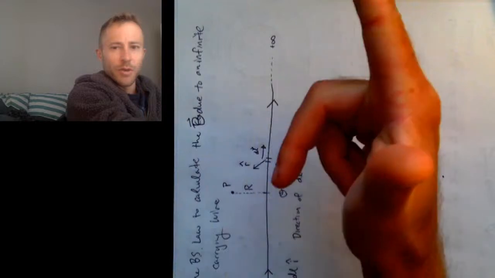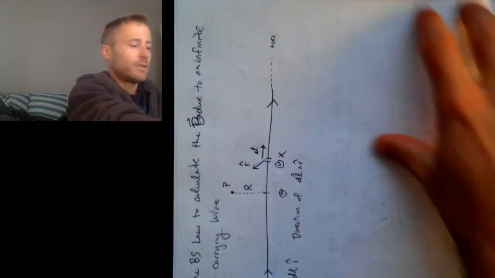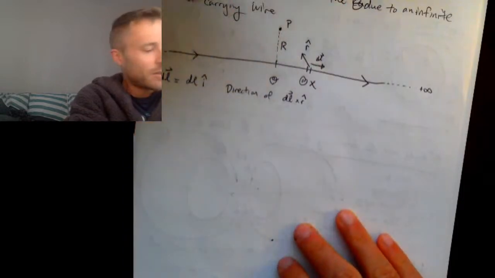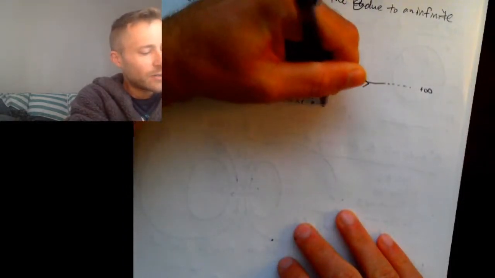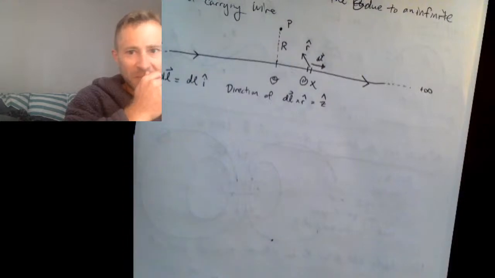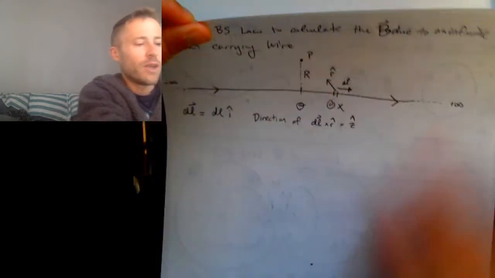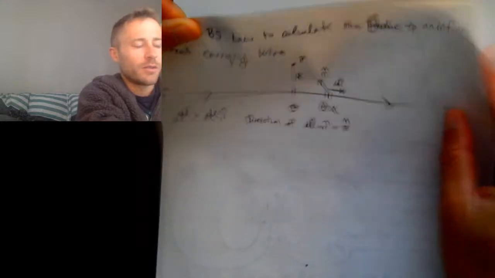You can see that my thumb is going out of the page. So the direction of dl cross r hat at that location is in the z hat direction, out of the page. Notice that that is consistent with right-hand rule number 2 that I was talking about.